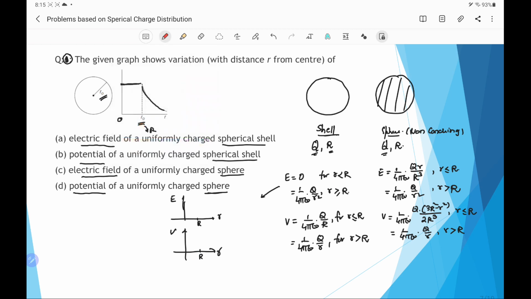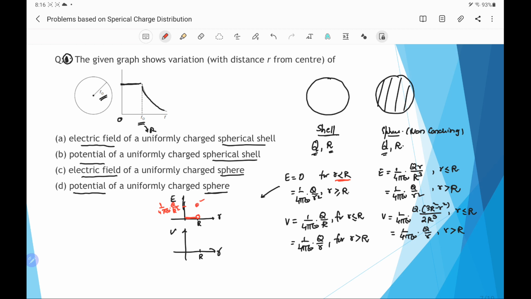For the spherical shell, the electric field will be 0 for the region r less than capital R. So it has some maximum value at capital R. The graph will be in this way. It is 0 up to R and at R the value is 1 by 4 pi epsilon naught Q by R square.